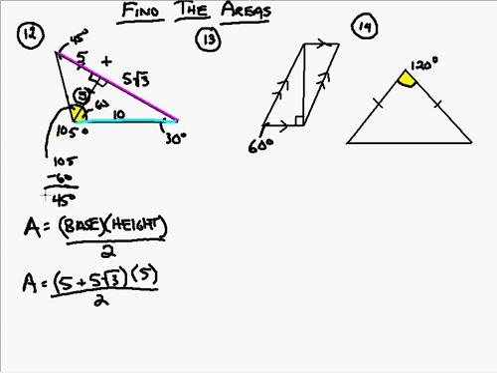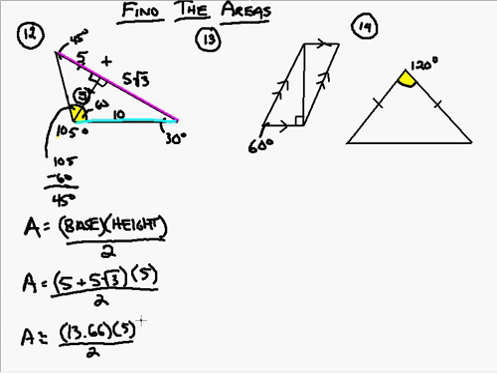So if I go 5 plus 5 times the square root of 3, I get 13.66. So area is approximately 13.66 times 5, and we're going to divide that by 2.